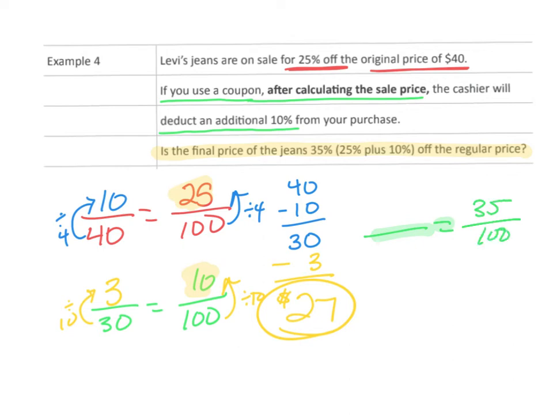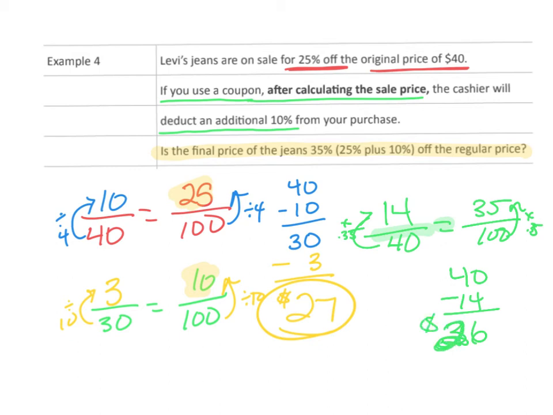We're going to use the original price, so we're going to multiply by 35/100ths, and we get $14. So 40 minus the 14 equals 26, sorry. 26. 35% would be better, but they do not equal each other.